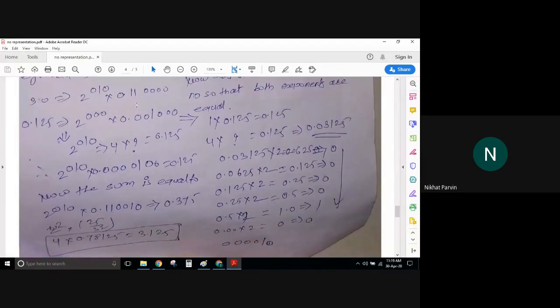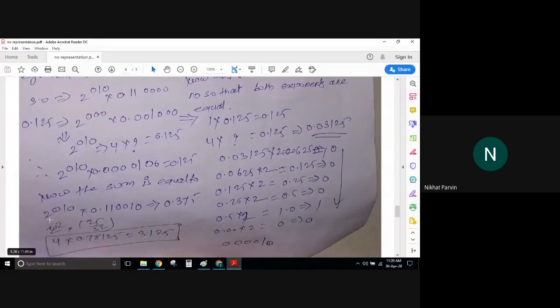This is 0.140 and this is the new one. I was adding this earlier actually, which is not right, because this is the previous one before modification, right? After modification, I got this number, right? So this fractional part, this mantissa part, you have to add. What can you see? 0, 1, 1, 0, 0, 1, 0, right?